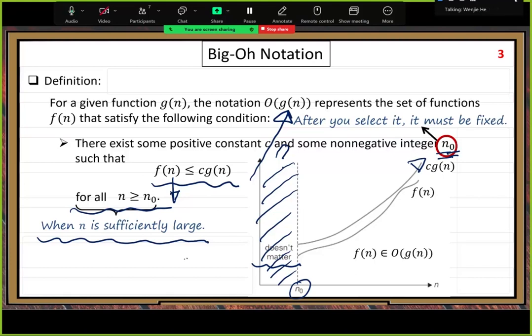Remember, there is the overhead concept. What's the overhead concept? To run an algorithm, you need to do a lot of preparation, right? You need to set up. You need to prepare. You need to do a lot of preparation work.